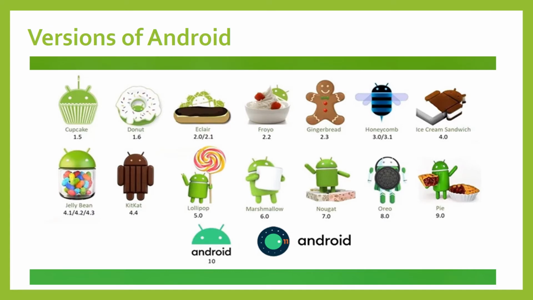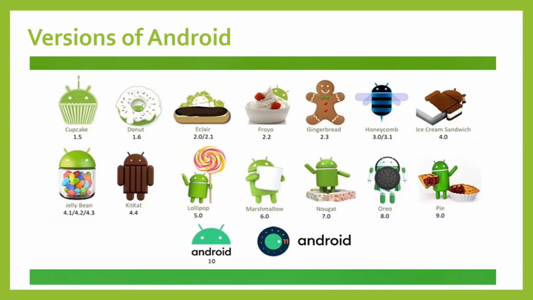So before we wind up, let's quickly see what the versions of Android are. We saw the important components of the Android SDK. Now let's quickly see the versions of Android. Many of us know that the Android versions were named alphabetically, starting from A. So it was Alpha, then Beta, and then came Android 1.5, which is called Cupcake.